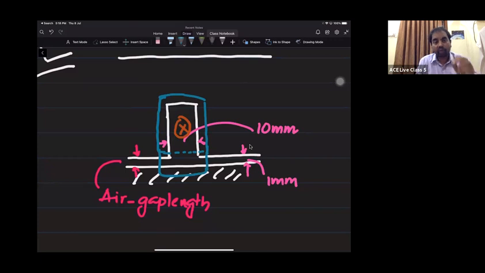So there are two possibilities. One is without crossing the air gap, it can complete the path within the stator only. The second is by crossing the air gap with the help of the rotor core. Is it clear? Confirm me.